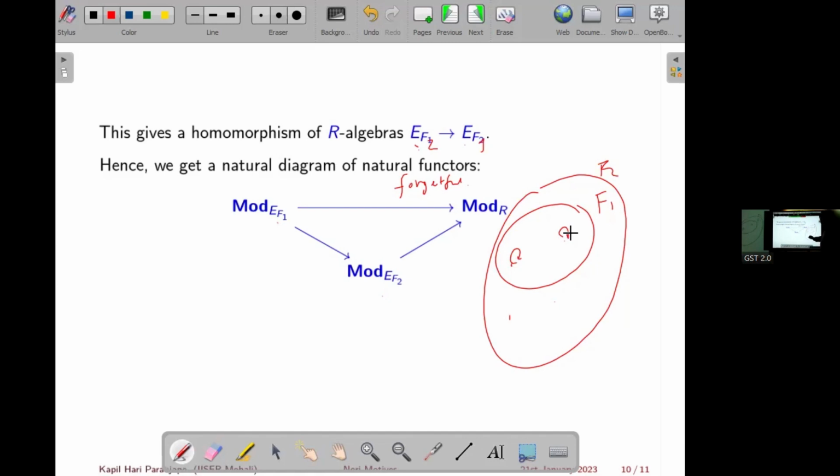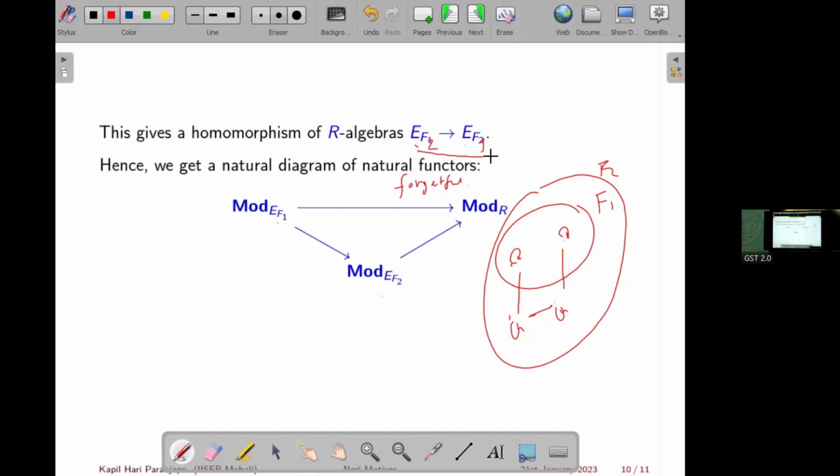Then I am adding endomorphisms at these vertices which not only commute with that diagram but also commute with all arrows which go in this direction or this direction. So if I now forget these endomorphisms and only look at the endomorphisms here, then of course it is commuting with the existing diagram there. That's why I have a homomorphism of algebras like this. So thanks. Yes, it is in the opposite direction, and therefore there is a morphism like this.